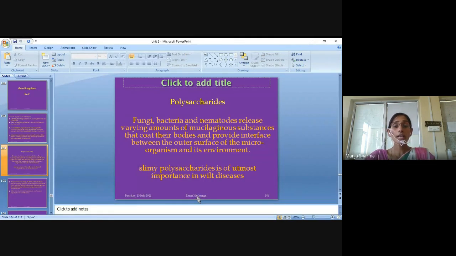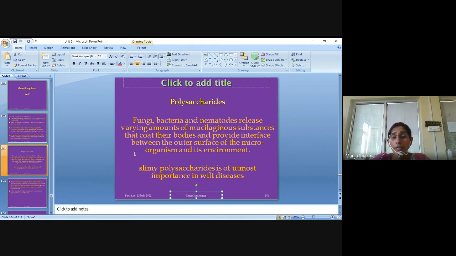Then the polysaccharides. Fungi, bacteria, and nematodes release varying amounts of mucilaginous substances that coat their bodies and provide an interface between the outer surface of the microorganism and its environment.